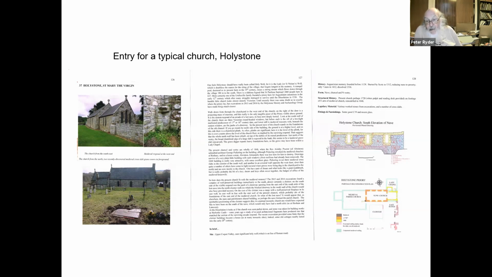And there you've got a ground plan, in this case showing what we know of the monastery that went with the church, and an elevation where I've endeavoured, as with that wall at Holy Island, to do some phasing. In this case, the medieval masonry is purple, the 18th century masonry is blue, and the Victorian masonry is yellow. And I like colour coding on plans, as you'll see.